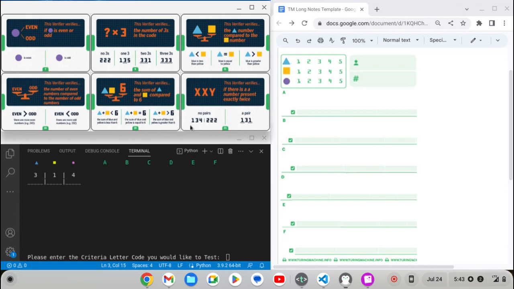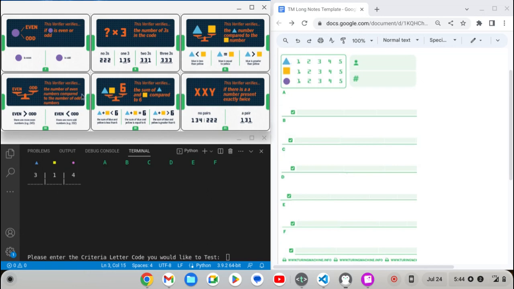One where all the digits are different, as in the example 134, or it could be that all digits are the same, as in the example 222. And remember, the objective of today's puzzle is to find that unique 3-digit code that abides by all 6 criteria cards. And we're going to begin with an initial proposal of 314.